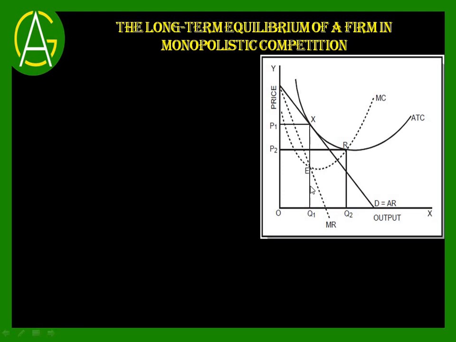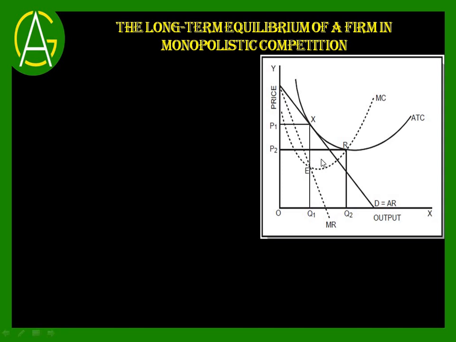If it increases the production, average cost decreases, but average revenue decreases more than that. So the firm has to incur the loss. So the firm under imperfect competition does not produce up to optimum level. It produces at the suboptimal level.